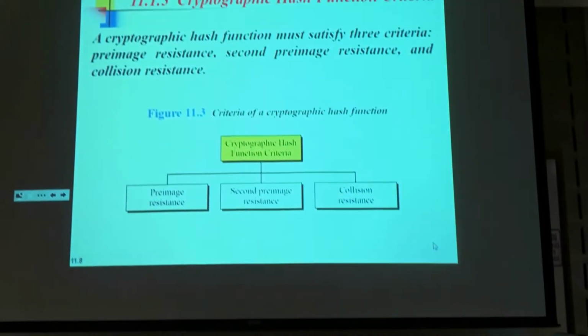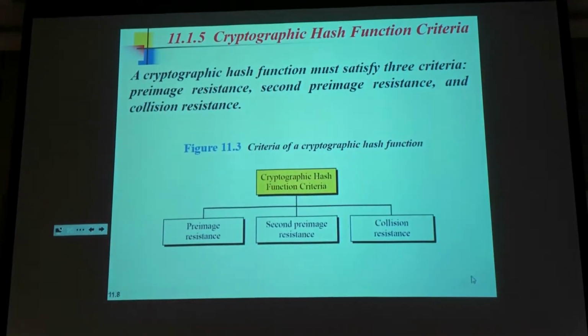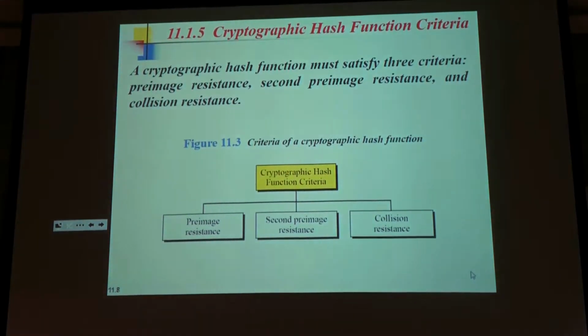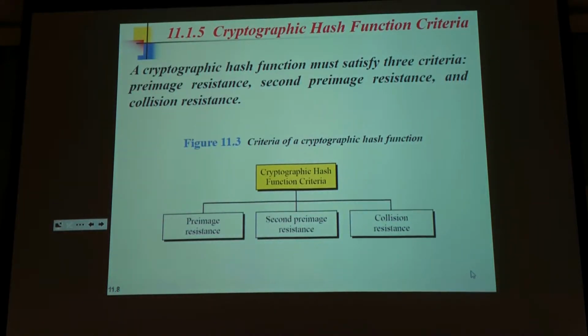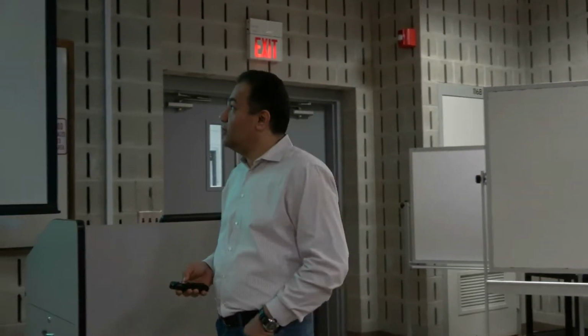All right. So let's talk about the cryptographic hash function criteria. What is the magic in here? Where is the talent in selecting the hash function? The hash function has to have different criteria to make it strong.